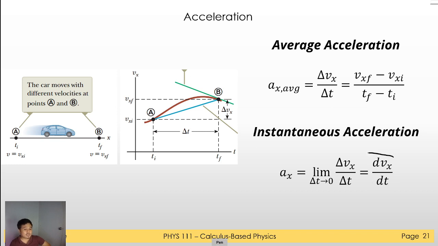If we're talking about the slope of the tangent line of a curve, that is the instantaneous acceleration of your velocity. Since this is the velocity graph, that will be the velocity.